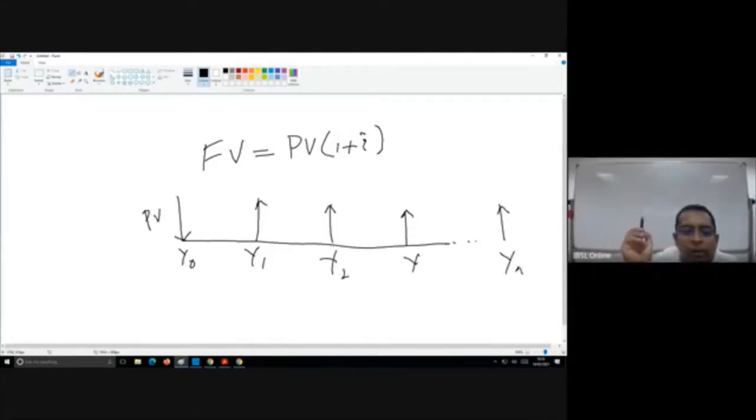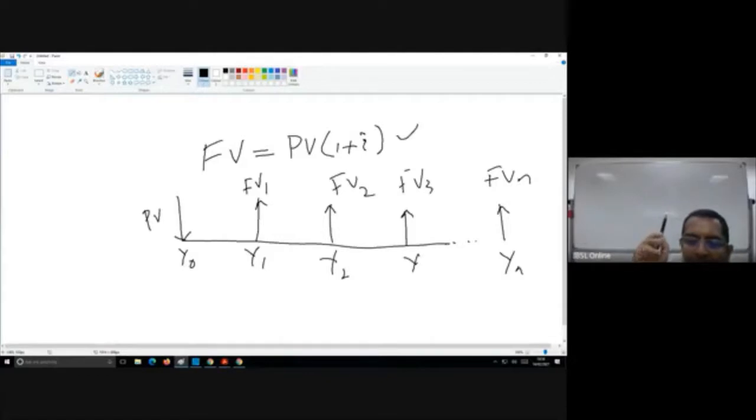So here, future value 1, future value 2, future value 3, up to future value n, right? This is the formula. First formula, it is the same.